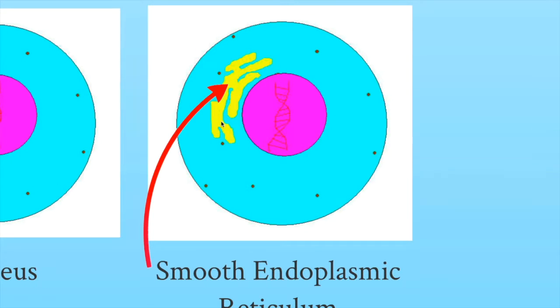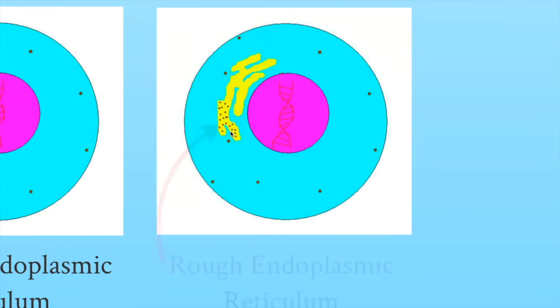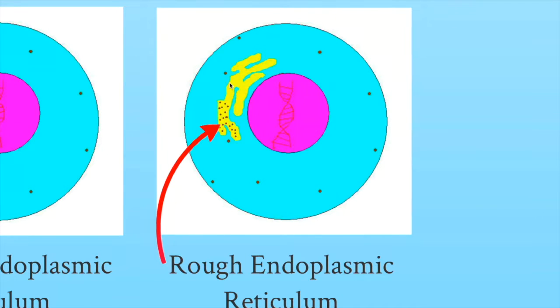They have something called a smooth endoplasmic reticulum, which helps them make fats and lipids and things like that. And they have a rough endoplasmic reticulum. You can see these brown dots that represent the ribosomes from earlier. The rough endoplasmic reticulum is rough because it's covered in ribosomes.